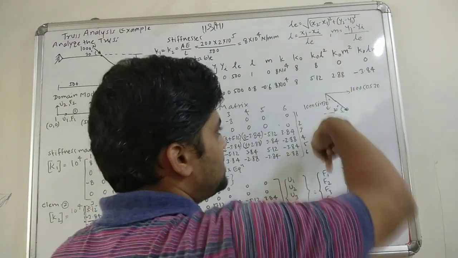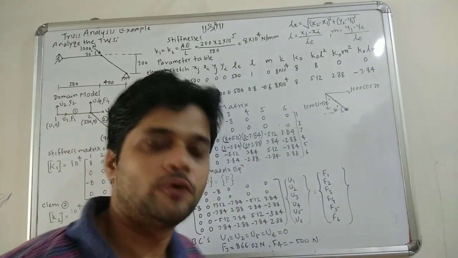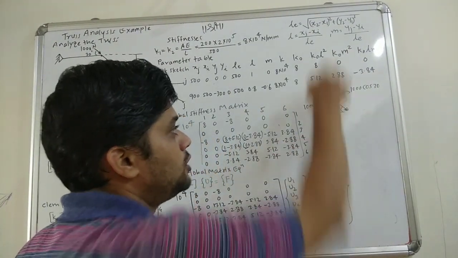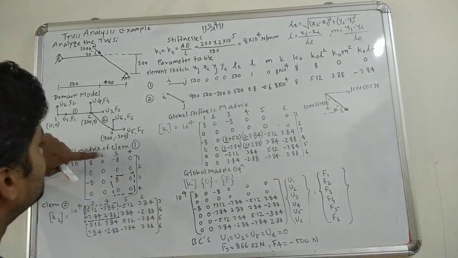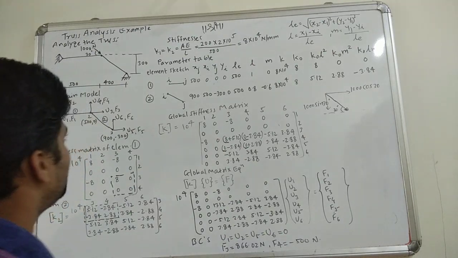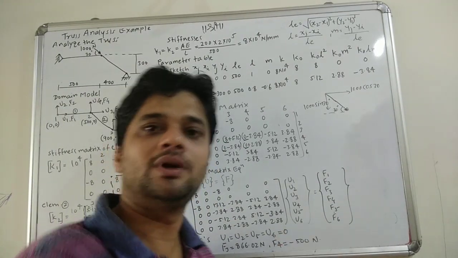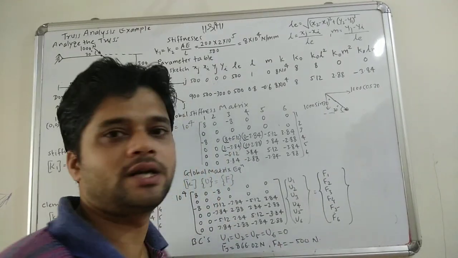And 1000 sin 30 is the vertically downward resolved force, it is F4, and since we have shown the F4 direction in the upper direction, we will take the downward direction as negative. So it is minus 500 Newtons.